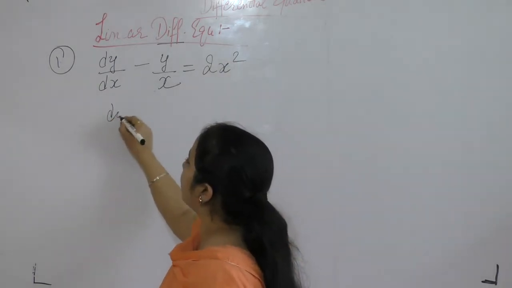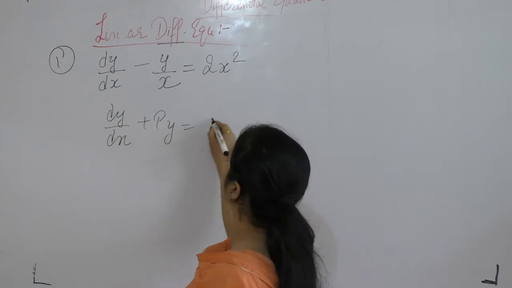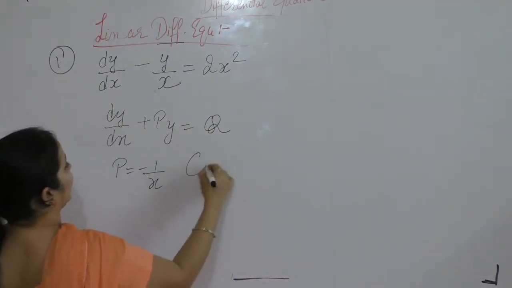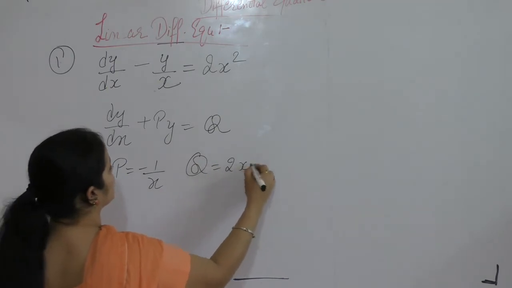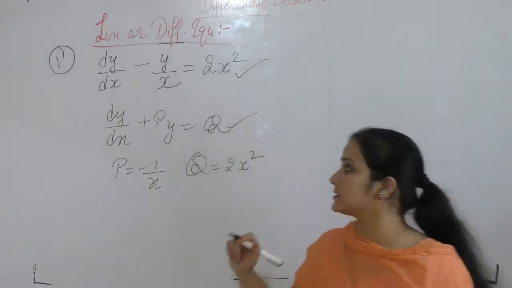Now this is of the form dy upon dx plus py is equal to q. P here is minus 1 by x and q is 2x square. Comparing this equation with the standard form, we get this.